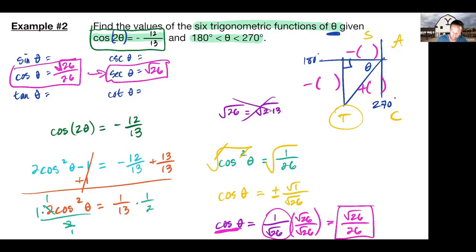So the only thing left to do is to take this x, which I know is a 1, and take this r, which I know is the square root of 26, and then solve, which since there's a root involved, that is definitely not a Pythagorean triple. So remember, the r will always be the one by itself squared, and then the other 2 squared will be added together. So one of them is a -1, the other is a y value that we will find, and then the square root of 26.